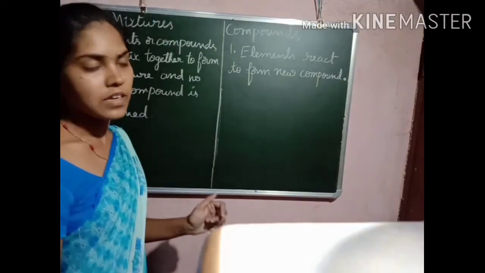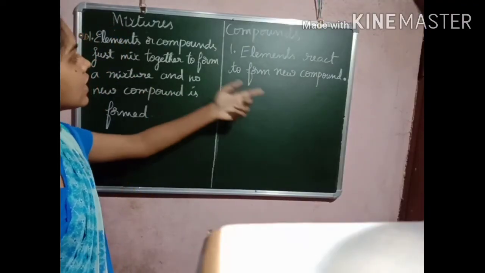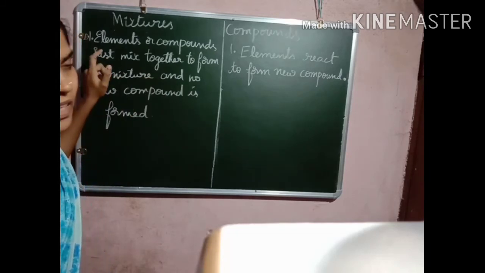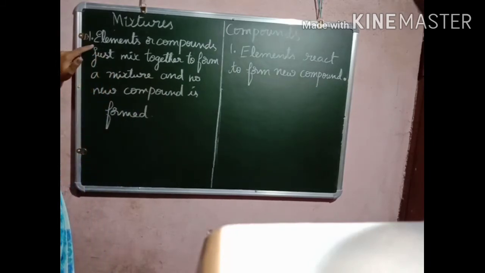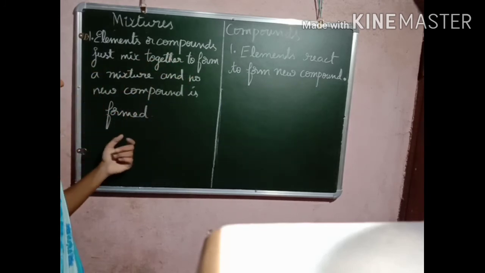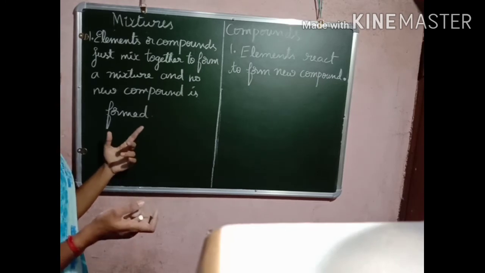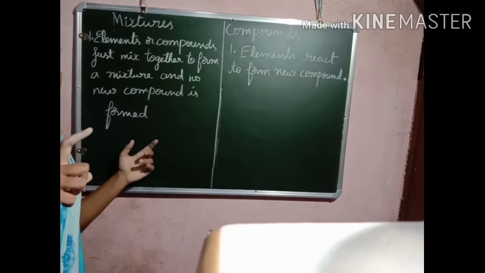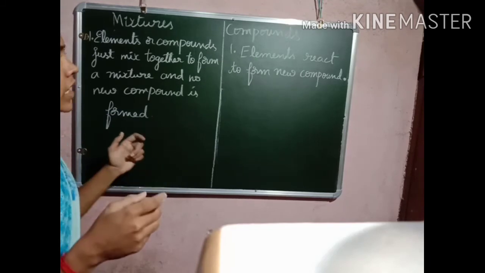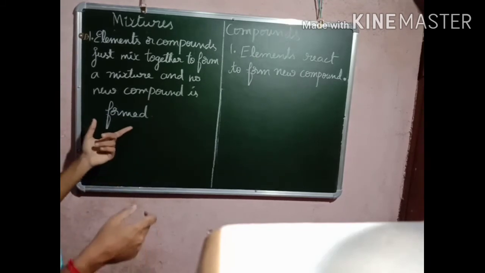Okay, now let us discuss the difference between mixtures and compounds. The first difference: what is a mixture? Elements or compounds just mix together to form a mixture, and no new compound is formed. If you take lemonade or a sugar solution, it is a mixture.